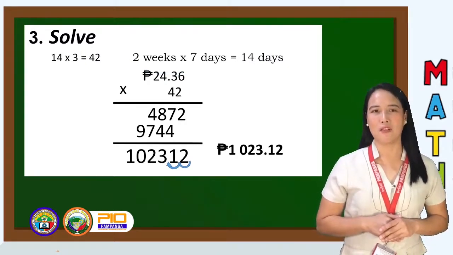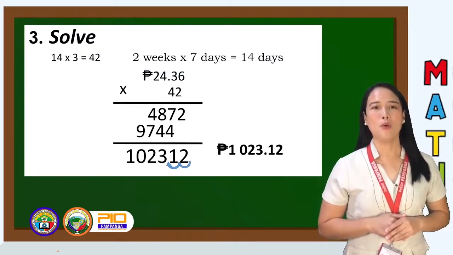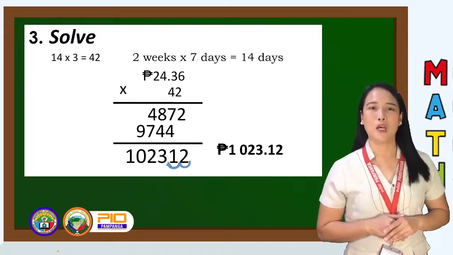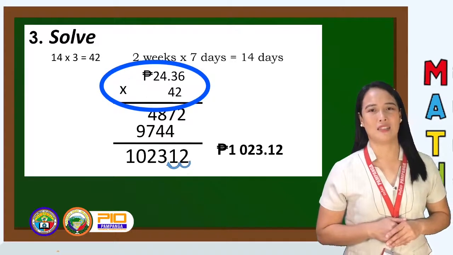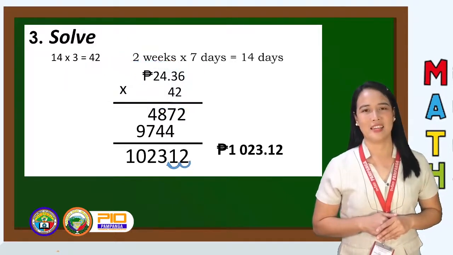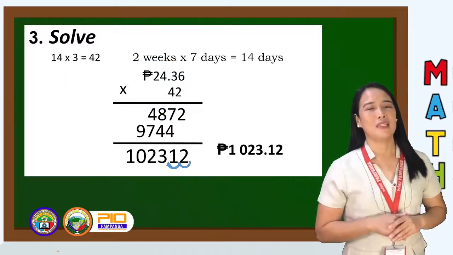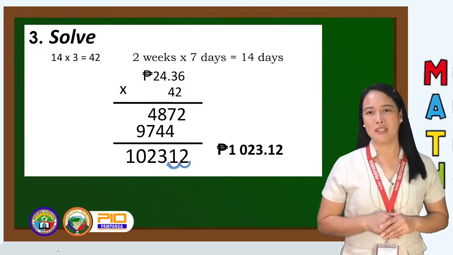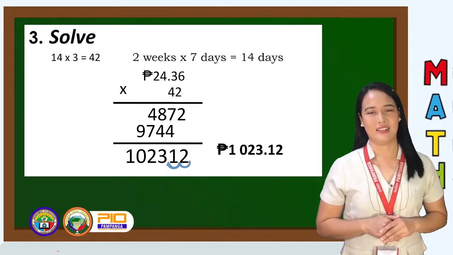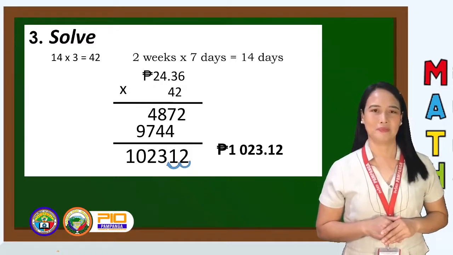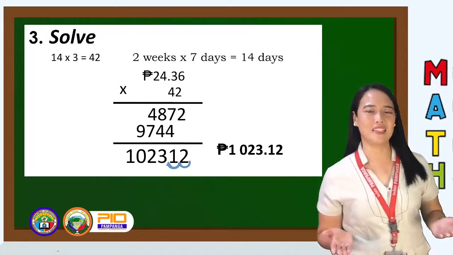After multiplying 14 and 3, we will multiply the product by 24 pesos and 36 centavos. Be sure to apply the steps in multiplying decimals by another decimals. What is your answer, K-Kids?